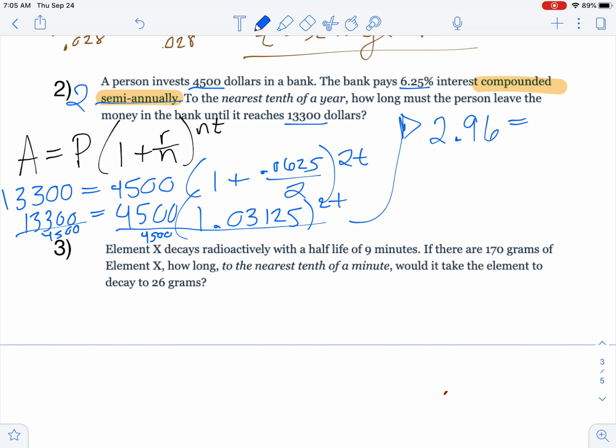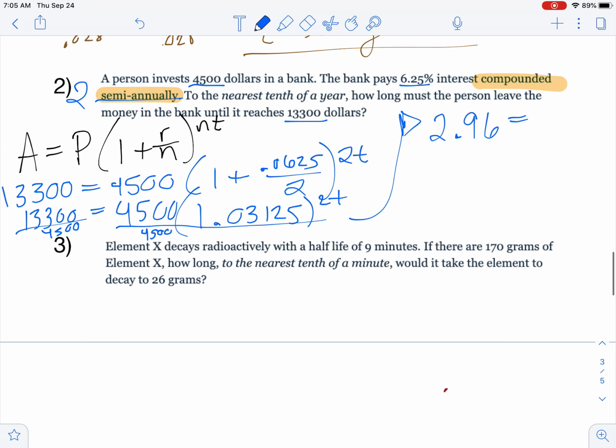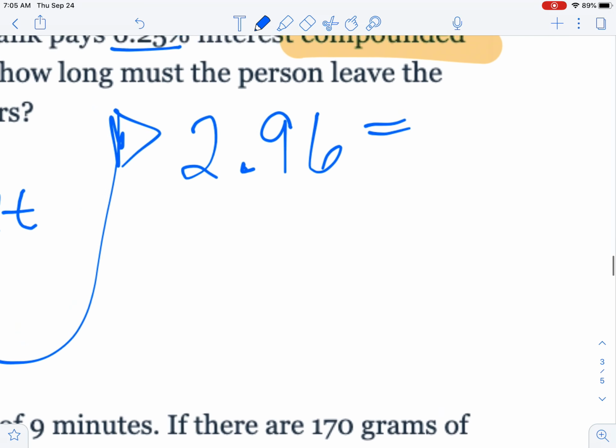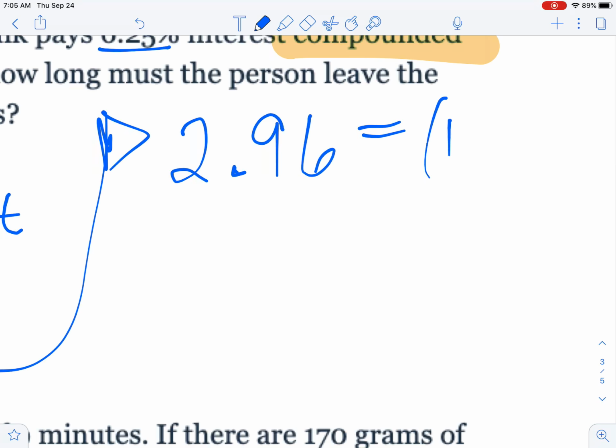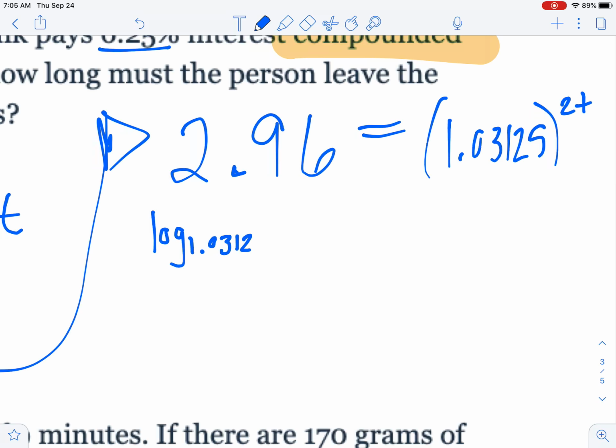Okay. In my next step, I am solving. Let's zoom in so I can write that. 1.03125 to the 2t equals 2.96. This is going in a logarithm. I'm writing it really little.